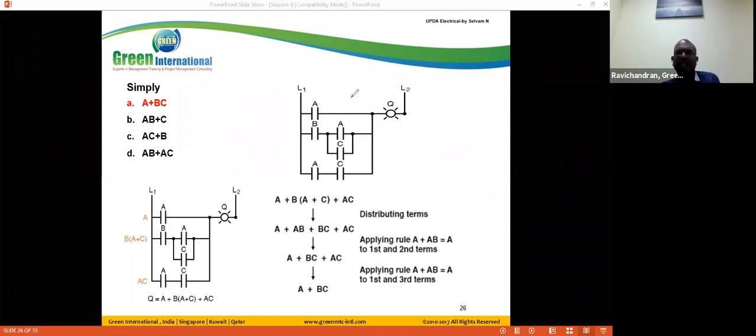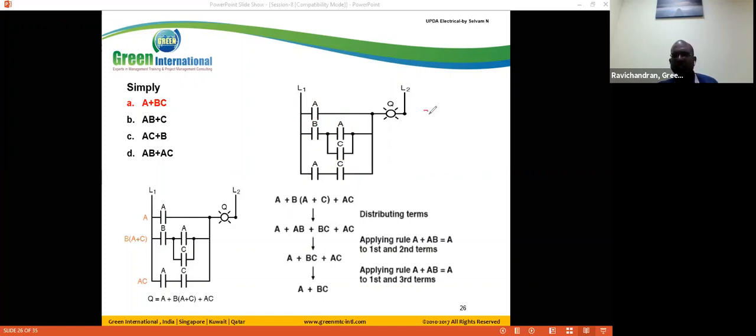Let's see another circuit. This is the actual circuit. So imagine that A, B, these all as a relay in the electrical system.